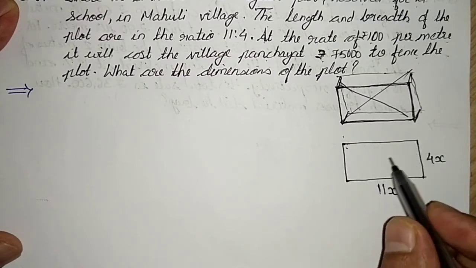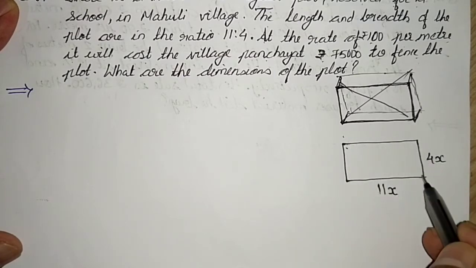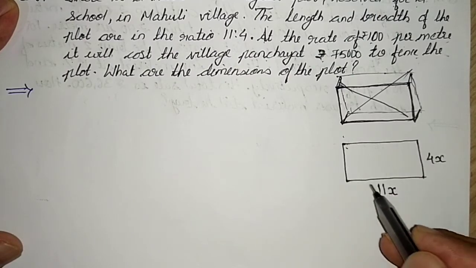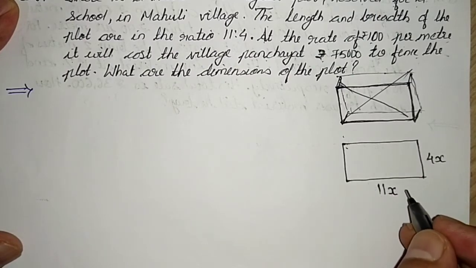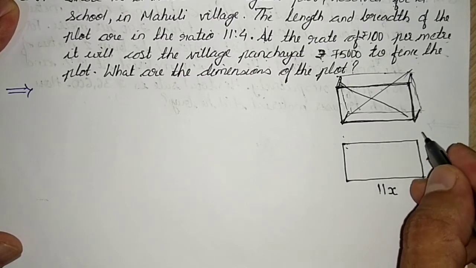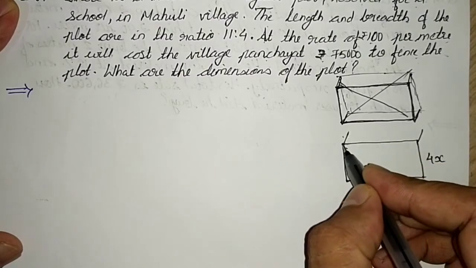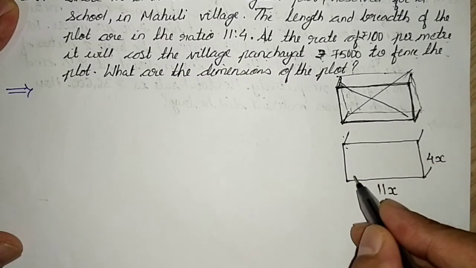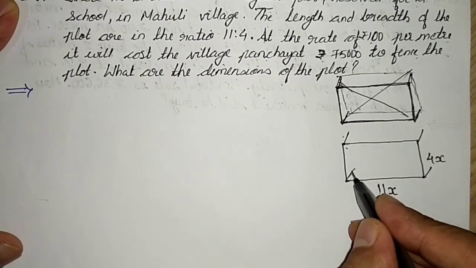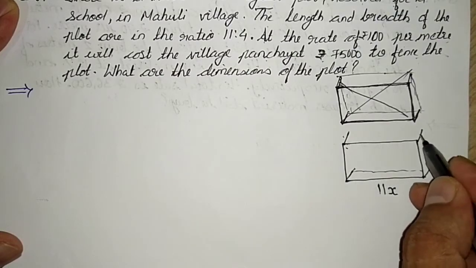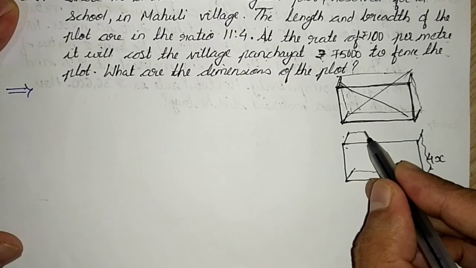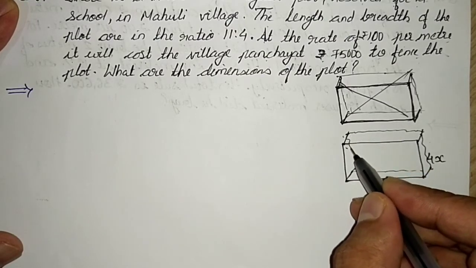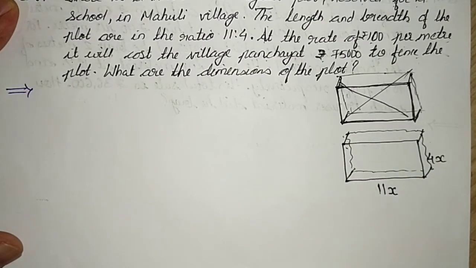That means there are no barriers put around this rectangular plot. So for putting barriers around this field, they required some rope or something so that they can protect the field from outsiders.